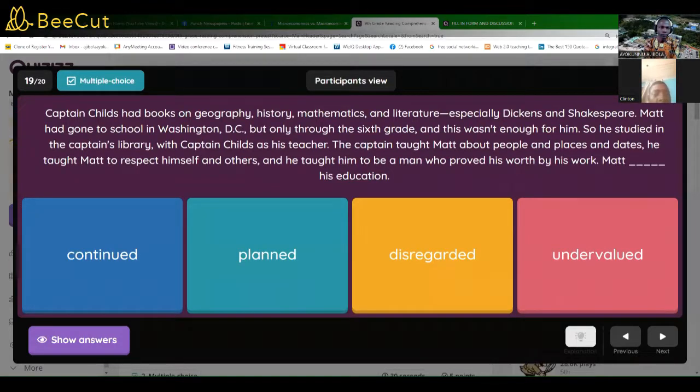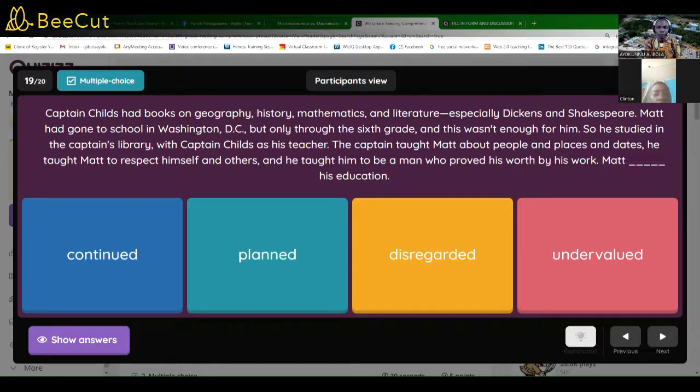The captain's library had books on geography, history, math, and literature, especially Dickens and Shakespeare. Matt had gone to school in Washington, D.C., but only through the sixth grade, and this wasn't enough for him.